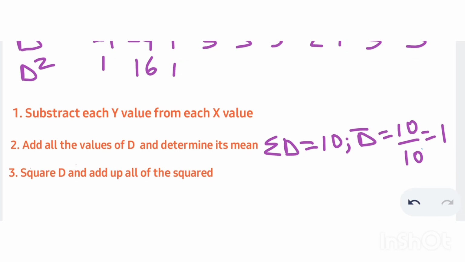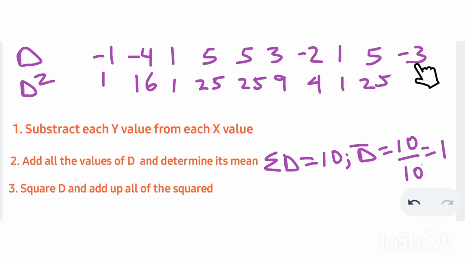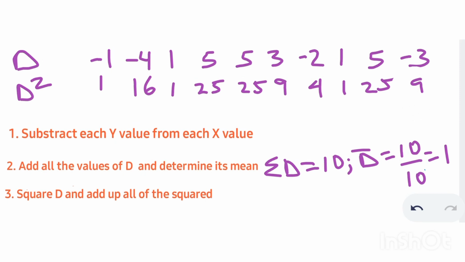And lastly, minus 3 squared gives 9. The instruction says add up all of the squares, so we add these values: 1 plus 16 plus 1 plus 25, and lastly, plus 9. Summation D squared would be 116.